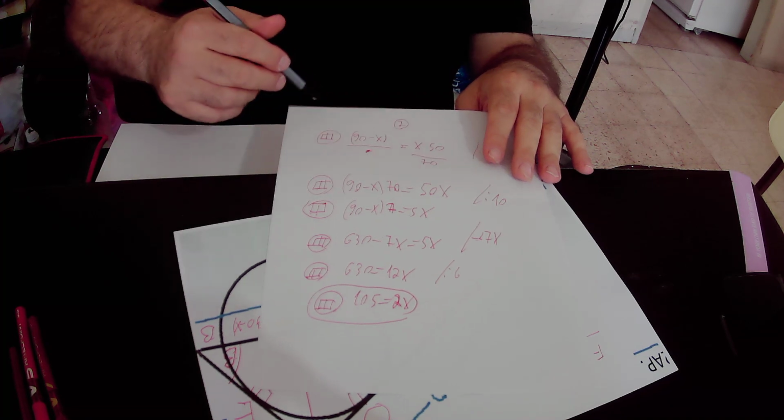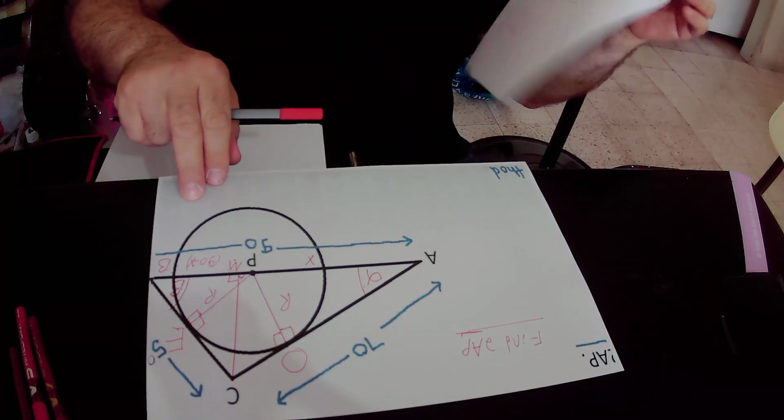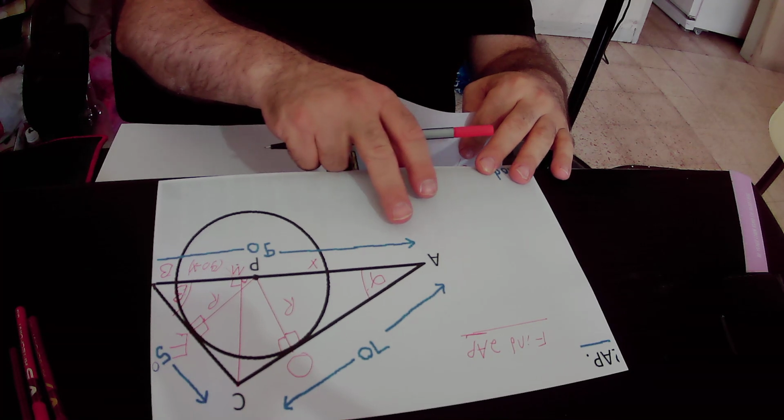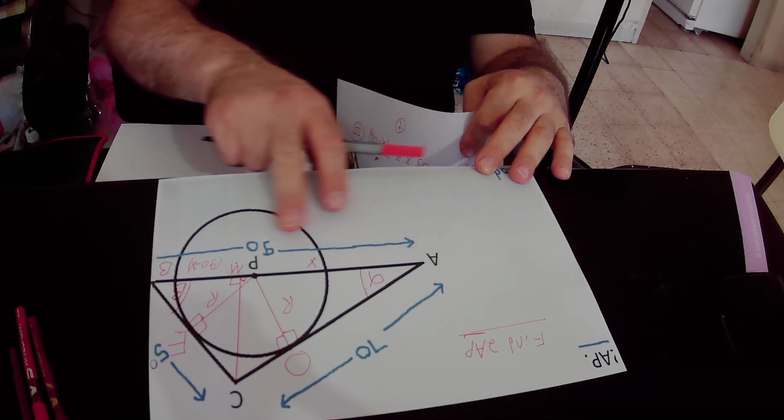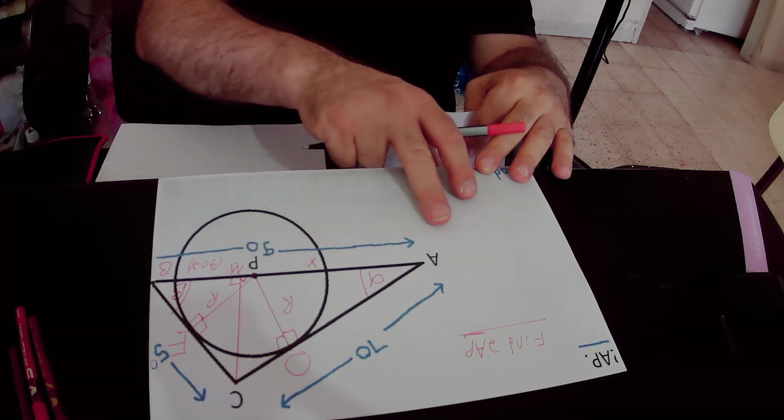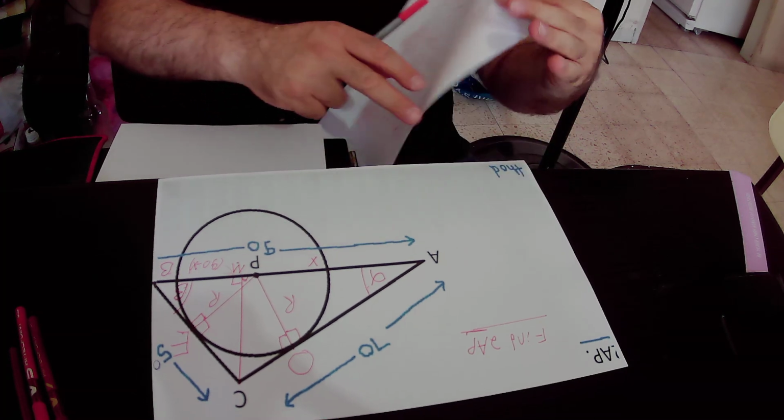This is for one side, but from the other side we also know, according to our definition, that AP equals x.